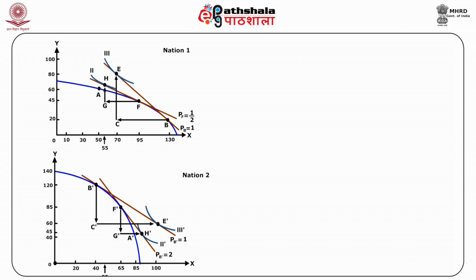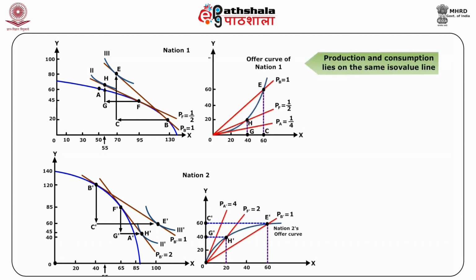With increase in the relative price of the export good to import good of a nation, the ISO value line would become steeper, which results in a shift in the production point. As shown in the diagrams, the production and consumption lie on the same ISO value line. Consumption depends on the taste and preference of the consumers and is represented by indifference curve.